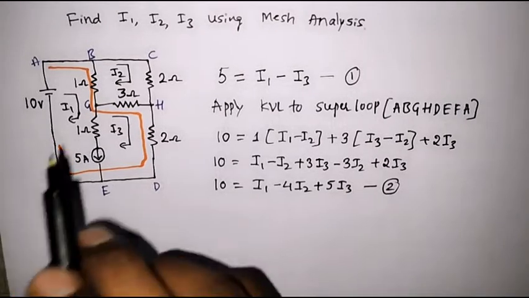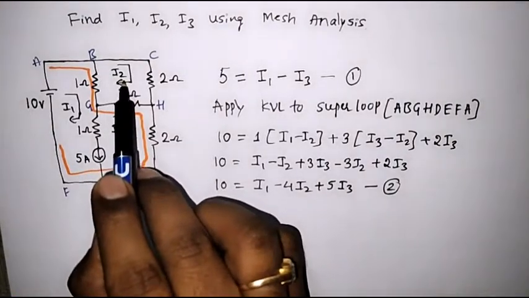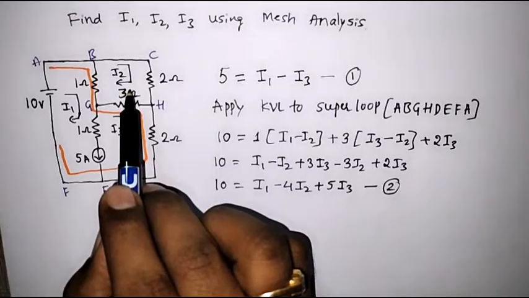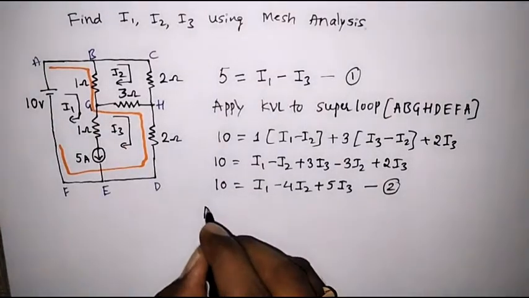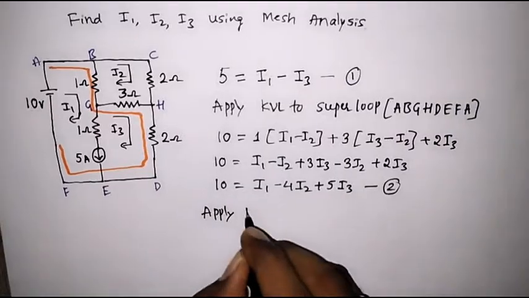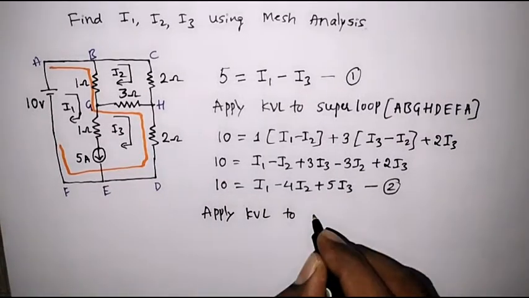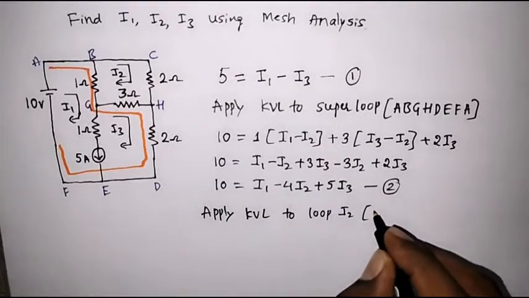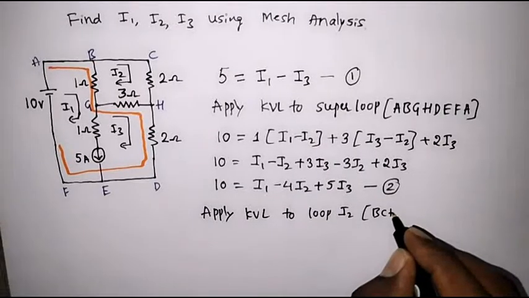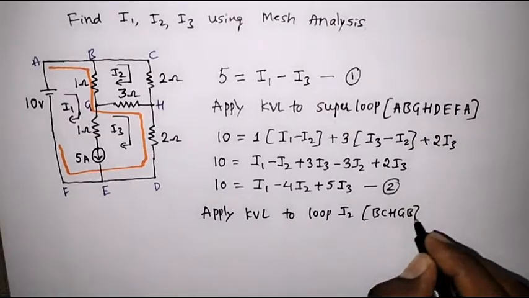So now let's apply KVL to another loop, which is a normal loop, not the super loop, that is BCHGB. Apply KVL to loop I2, that is BCHGB.